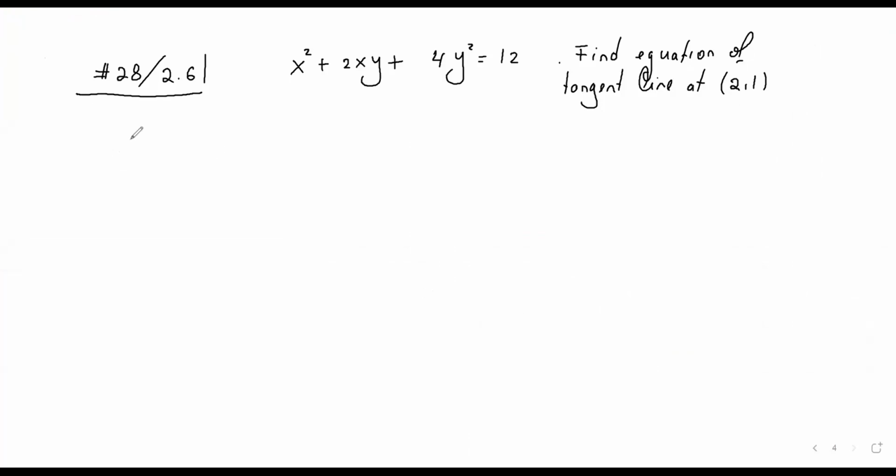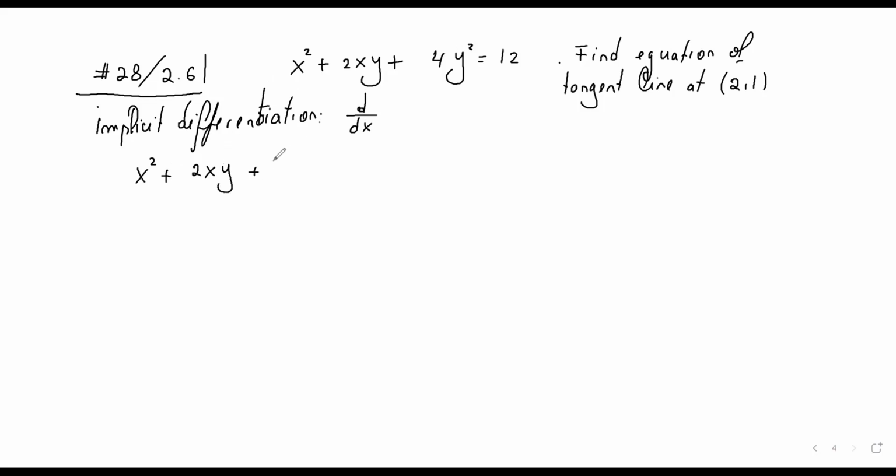All right. So we have this equation. Let's calculate the derivative. So we want implicit differentiation. That means doing d over dx, the derivative with respect to x, of the formula x squared plus 2xy plus 4y squared equals 12.